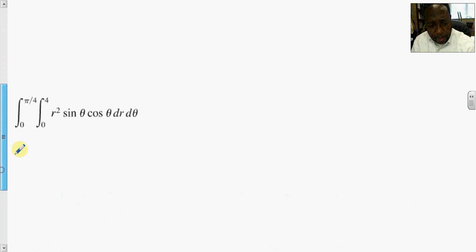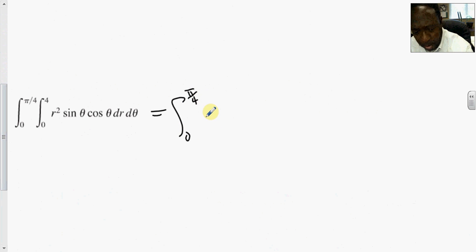What about the next problem? Integrate first with respect to r, because it's dr d theta. So we have the integral from 0 to pi over 4, and this becomes r to the third over 3, where the r is evaluated from 0 to 4.